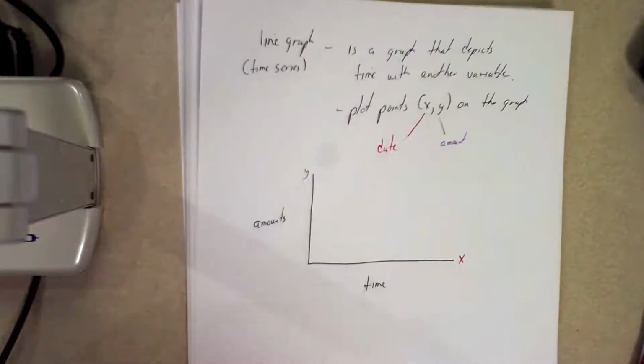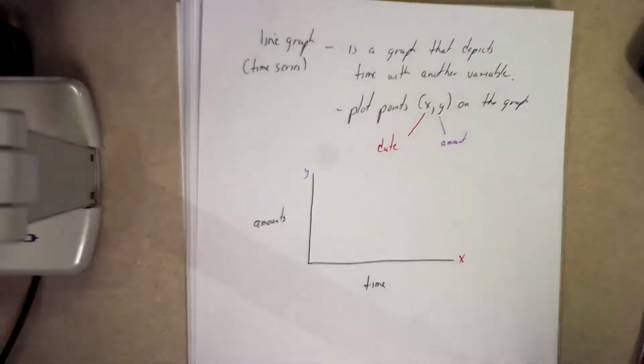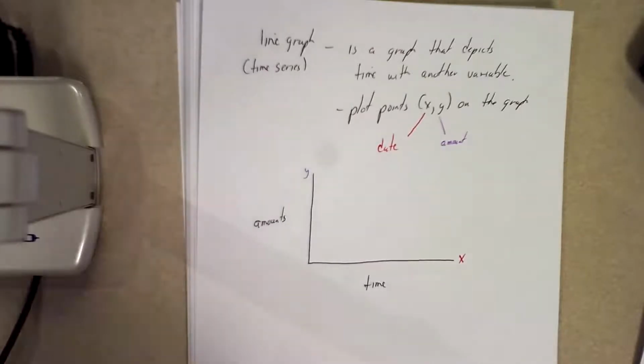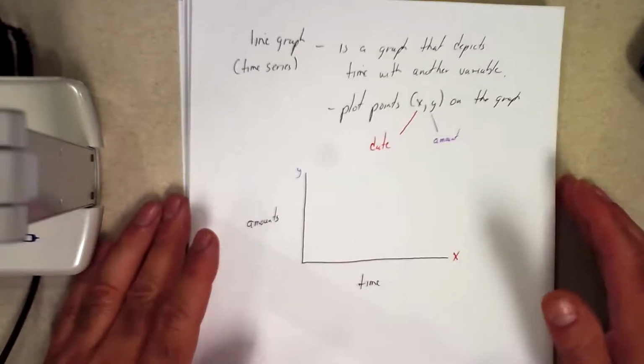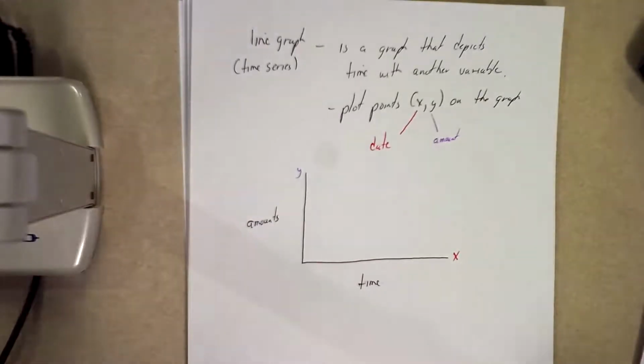Let me give you all an example of a time series. I don't like to buy stocks. I'm not into that. You really got to be really good and do your research if you're going to buy stocks.